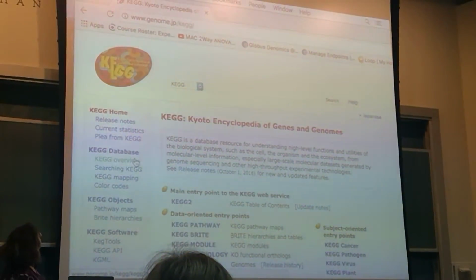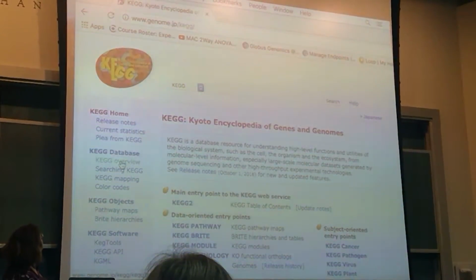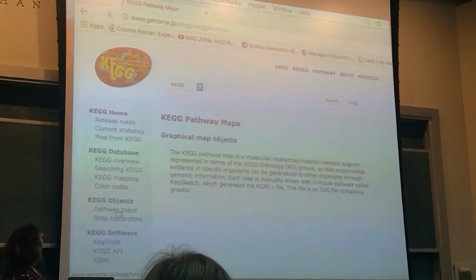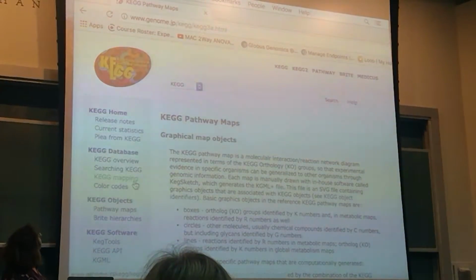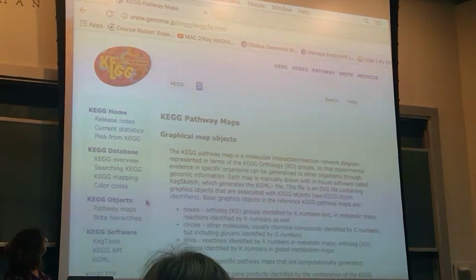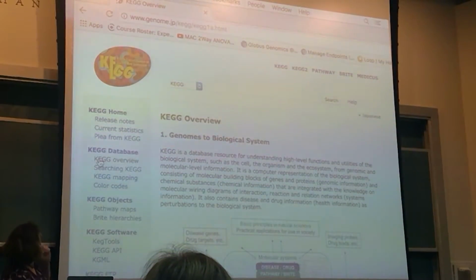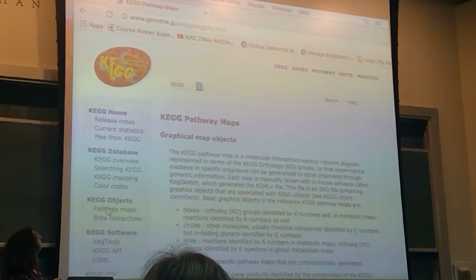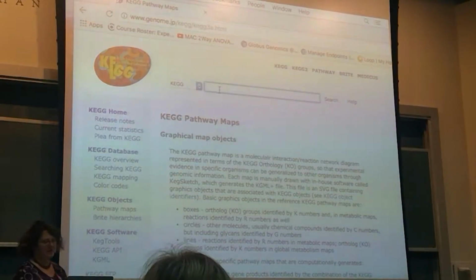genome.jp, KEGG, and then basically we're going to go to pathway maps right here, and then usually, let's just go to KEGG overview. You know what? I'm just going to type in.